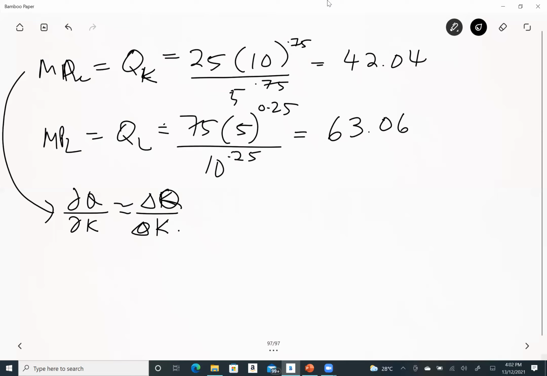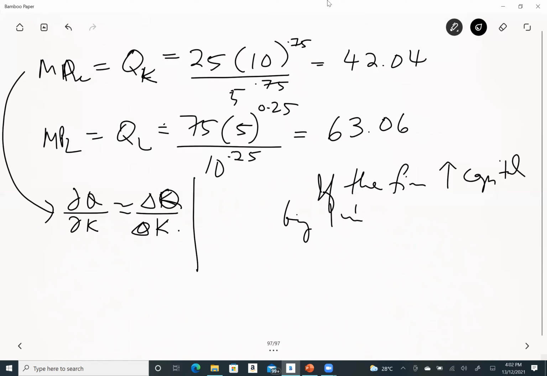But of course, this is a non-linear function, so you have to add a little bit more. Let us start with the basic one: if the firm increases capital by 1 unit, then what happened to the roti canai?